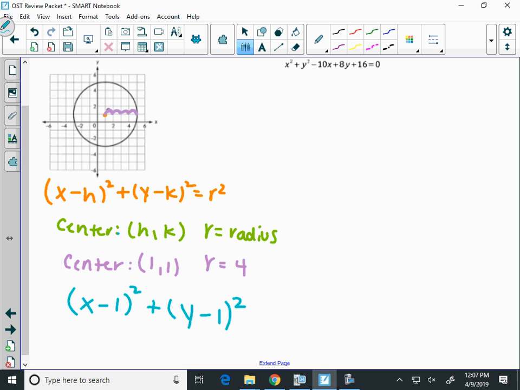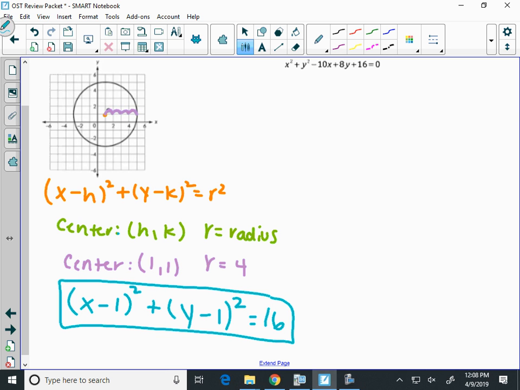So the x value of your center goes in with the x, the y value of your center goes in with the y. Change the sign. And then it's equal to r squared. So your radius squared. If our radius is 4, what's 4 squared? 16. So there's the equation of your circle. That is your answer. You don't do anything else with it.